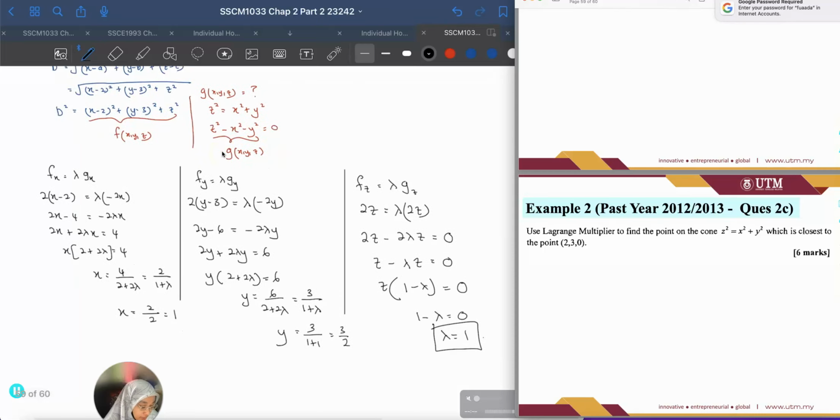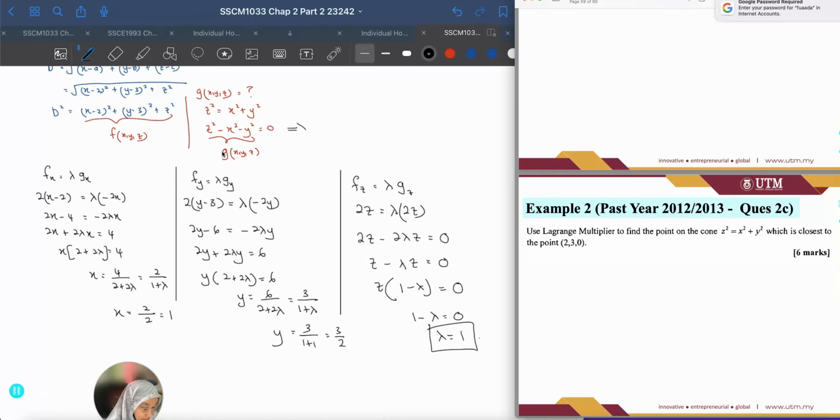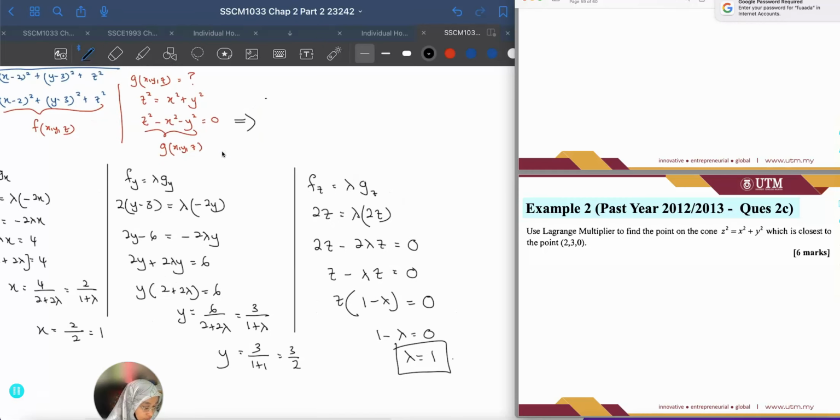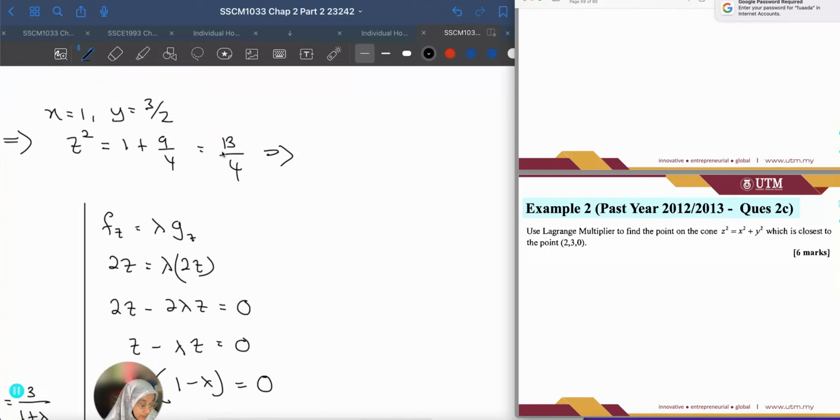So when you obtain the x and y, x is equal to 1, y is equal to 3 over 2, and you can have z squared equal to 1 plus 9 over 4. So you have 13 over 4. In this case, your z is plus minus square root 13 over 2.